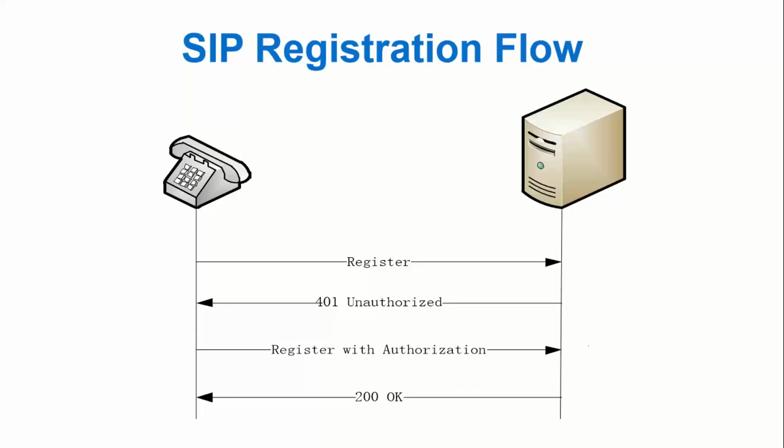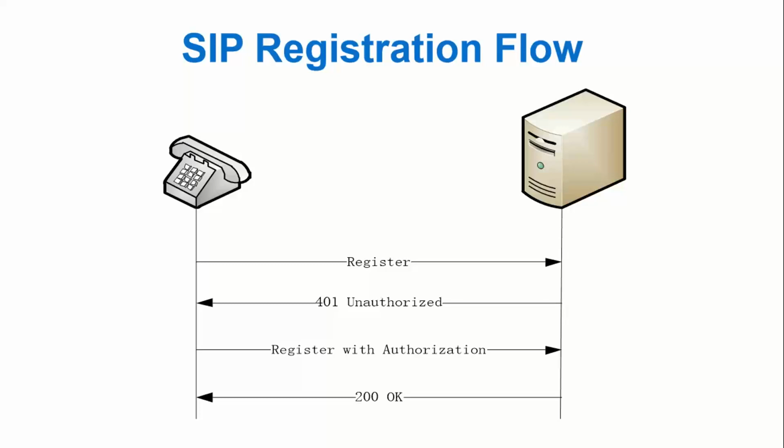So the server, the PBX, can store the password of the extension. After the PBX receives this register with authorization, it will compare the stored password and the password given by the IP phone to see whether they match or not.